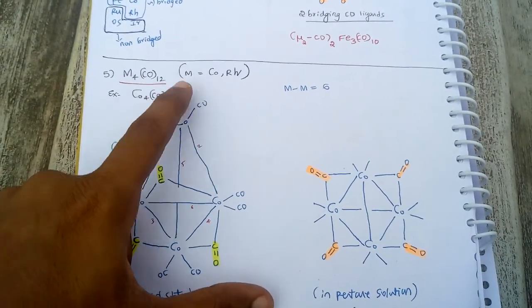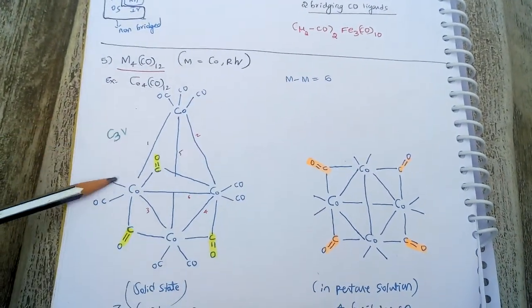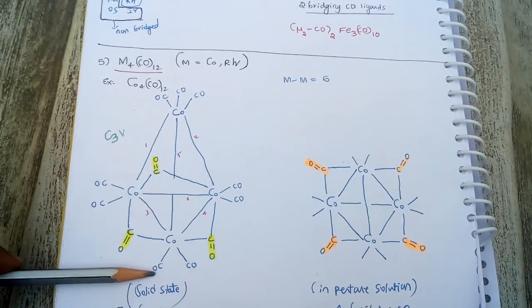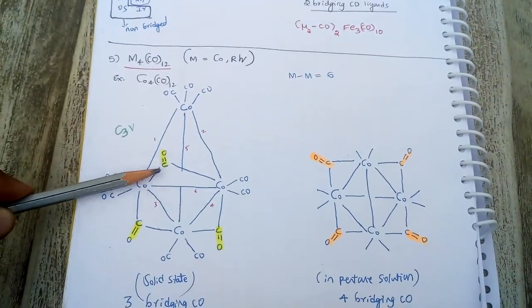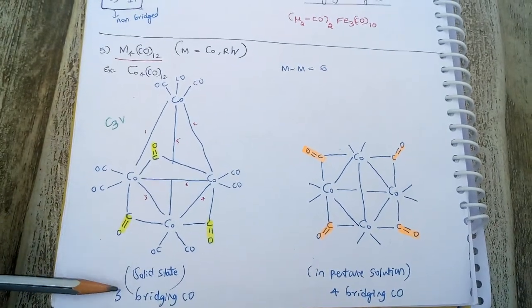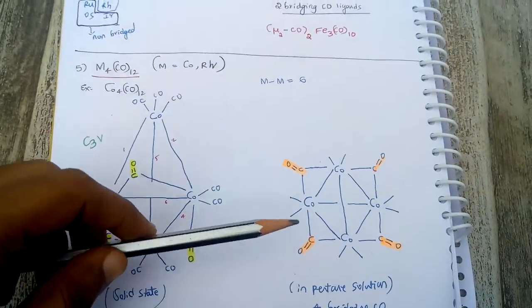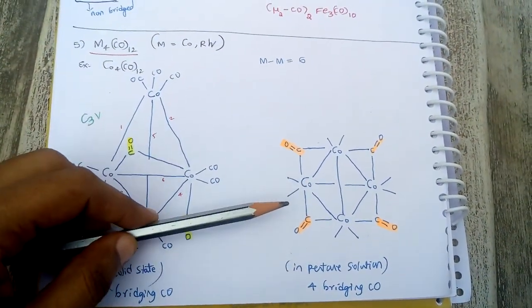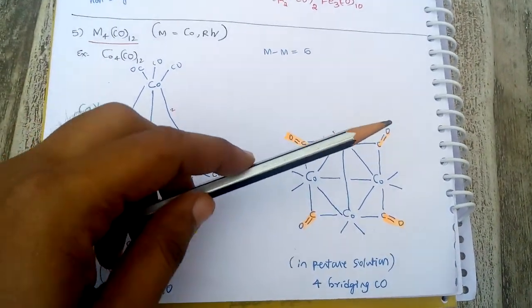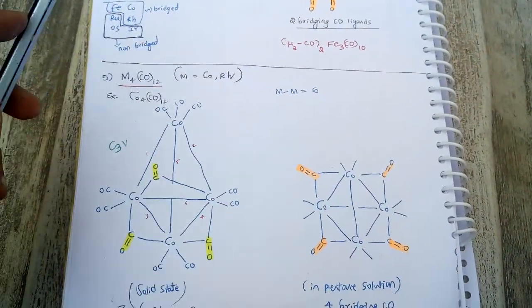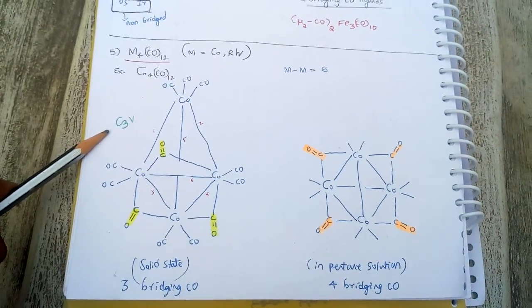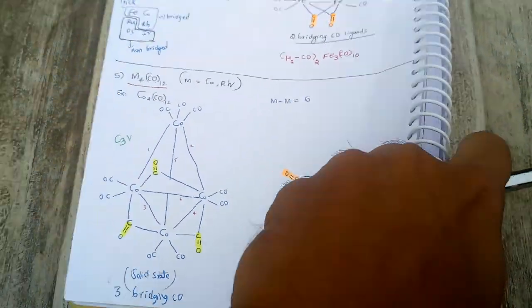This cobalt is coordinated to 3, and this cobalt 2, this cobalt 2 and this cobalt 2. There are 3 bridging carbonyl groups in solid state. And in pentane solution, when we dissolve it, we get 4 bridging carbonyl groups. The point group for Co4(CO)12 is C3v.